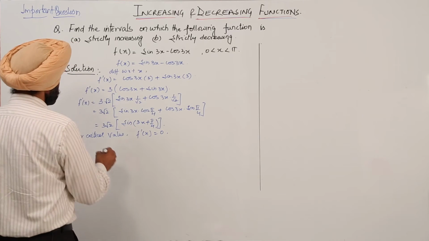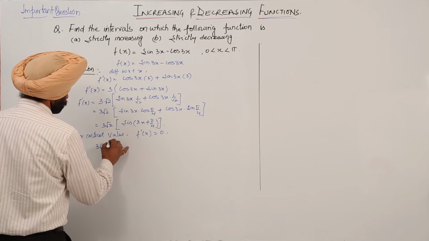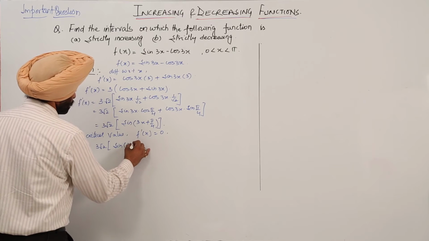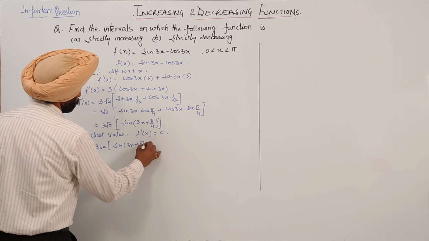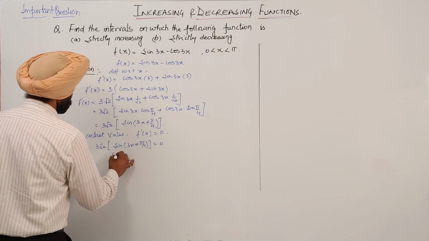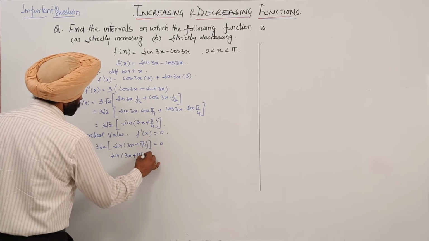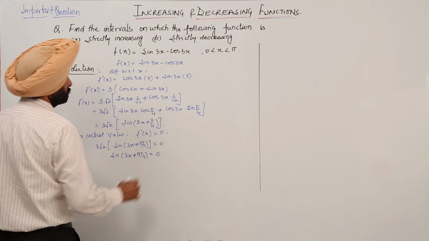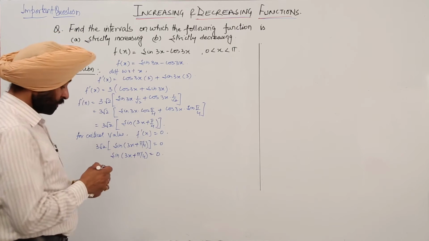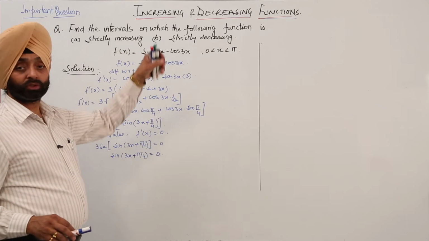Now what we can write? 3 root 2 sin(3x plus pi by 4) is equal to 0, or sin(3x plus pi by 4) is equal to 0. Now up to here we have gone. Now we have to find strictly increasing or strictly decreasing.